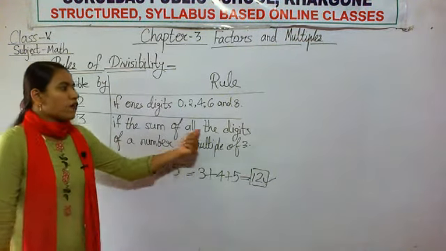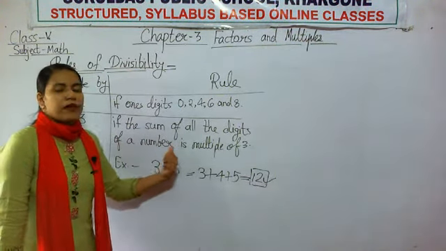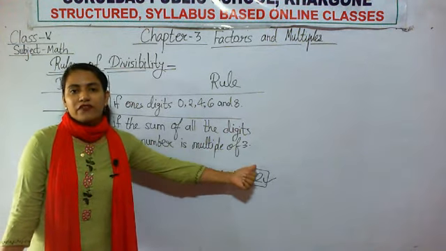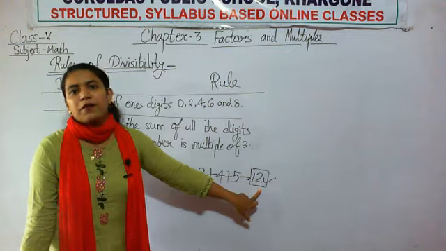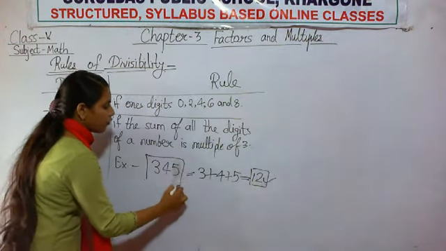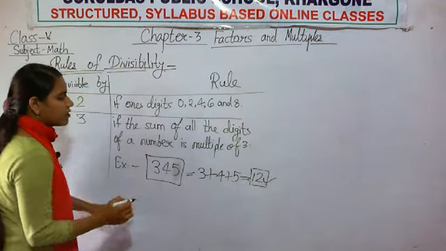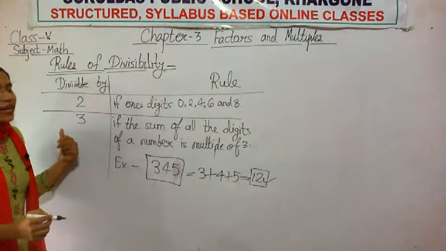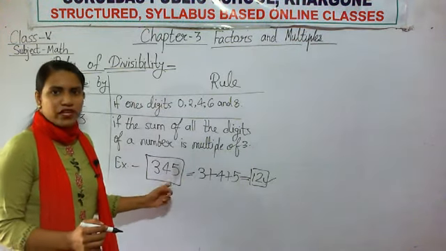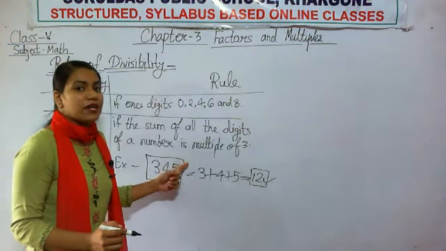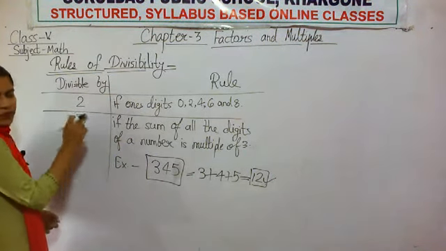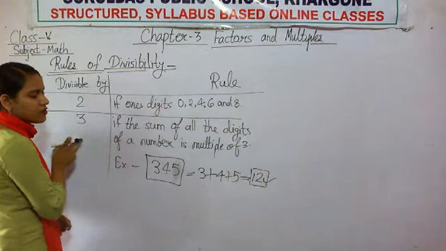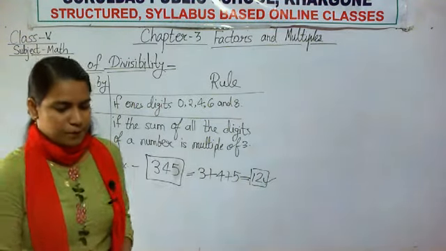If the sum of all the digits of a number is a multiple of 3, so 12 is a multiple of 3, it means 345 is divisible by 3. If the sum of all the digits of the given number is a multiple of 3, then you can say that yes ma'am, the number 345 is divisible by 3.